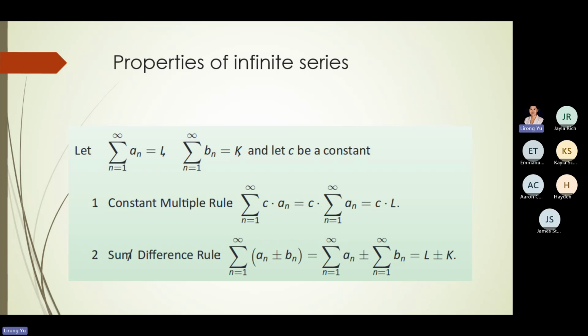Very similar to what happens in integration. All right, the second rule says that if you have a summation or subtraction of series, the summation of the sum or difference equals the sum or difference of the summations. This is already a summation of infinite sums. These are similar to what happens in integration.